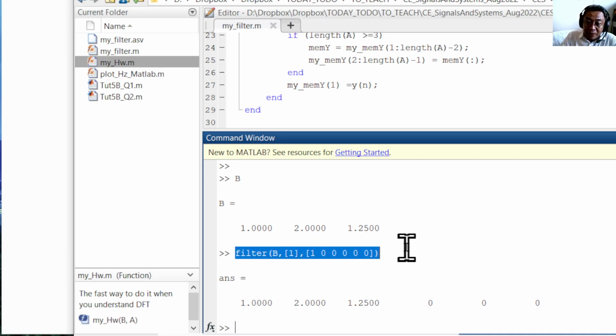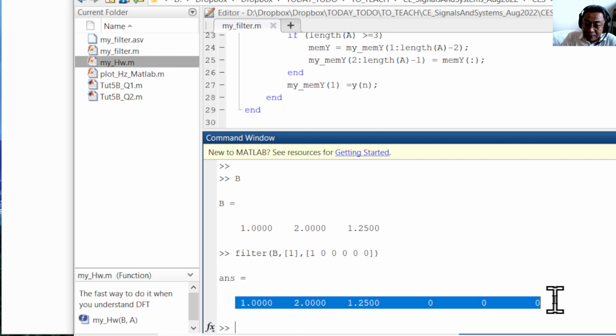When you call this routine, MATLAB will take the coefficients b, a, and the input to generate the impulse response. So this is the impulse response, and of course it is 1, 2, and 1.25 because only the impulse is being sent. There's no feedback, and therefore what we get is b.